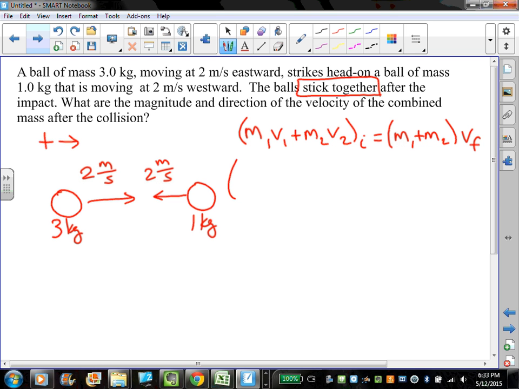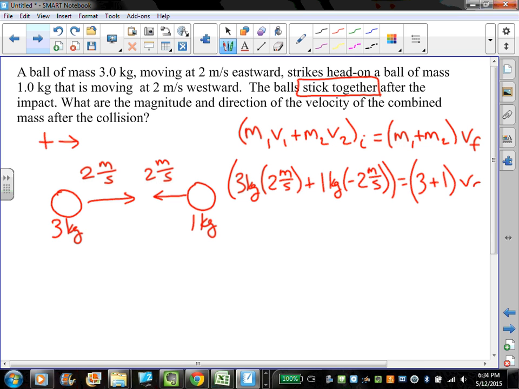So positive is to the right. We've got a 3 kilogram mass, and since it is moving to the right, this is going to be a positive 2 meters per second, plus a 1 kilogram mass that is moving at a negative 2 meters per second. And this is equal to 3 kilograms plus 1 kilogram times their final velocity.